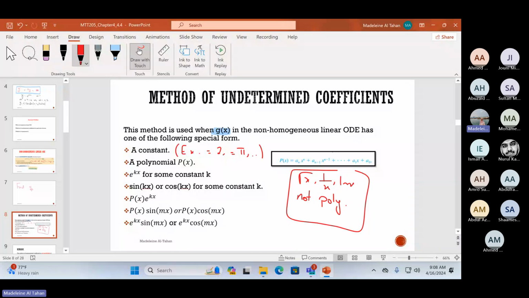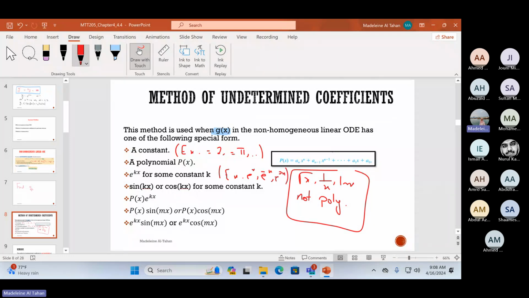An example of a polynomial is x squared plus 2, x cubed, x; all of these are polynomials. e power kx means, for example, e power x, e power negative x, e power 2x, and so on.